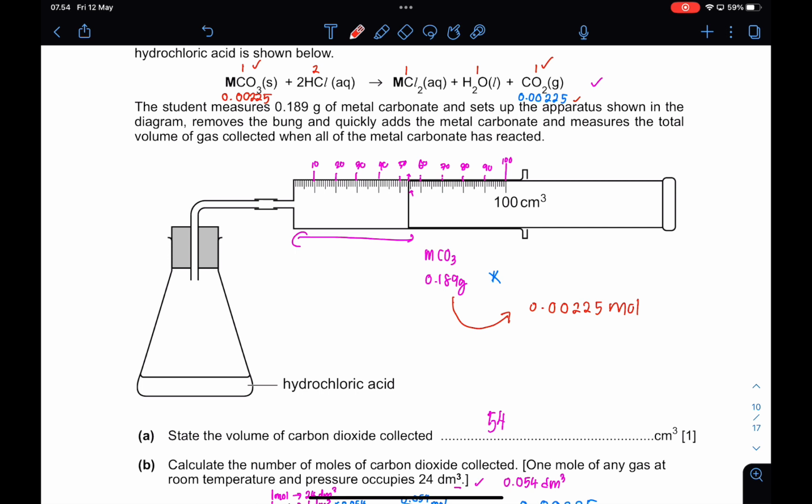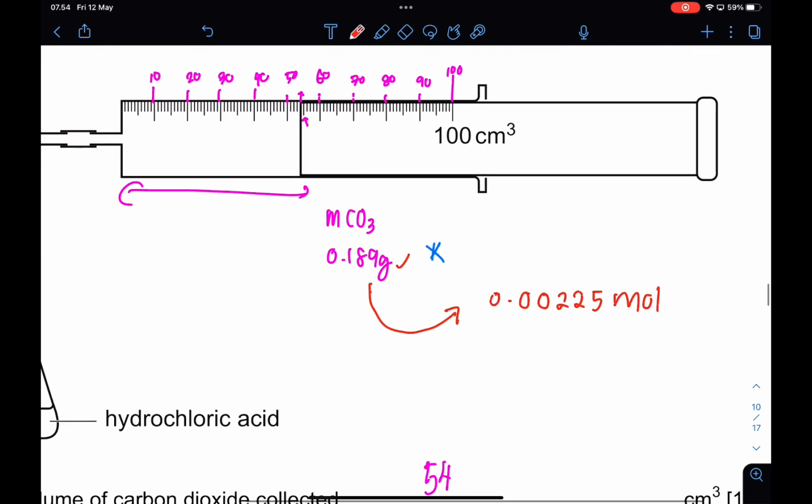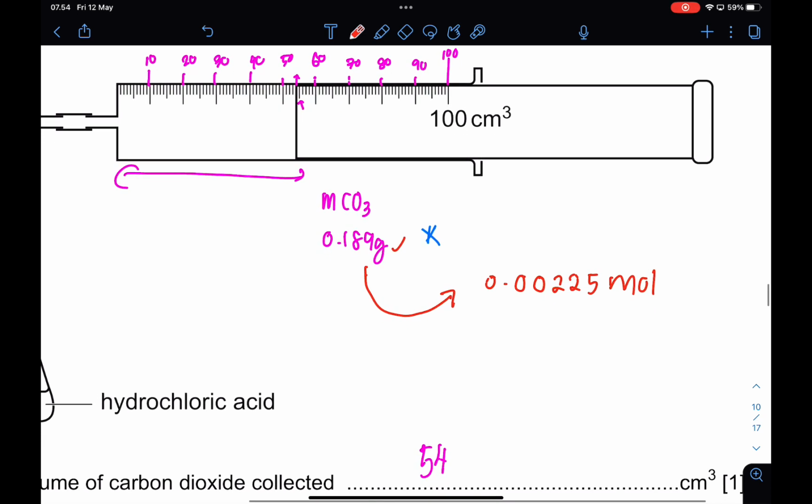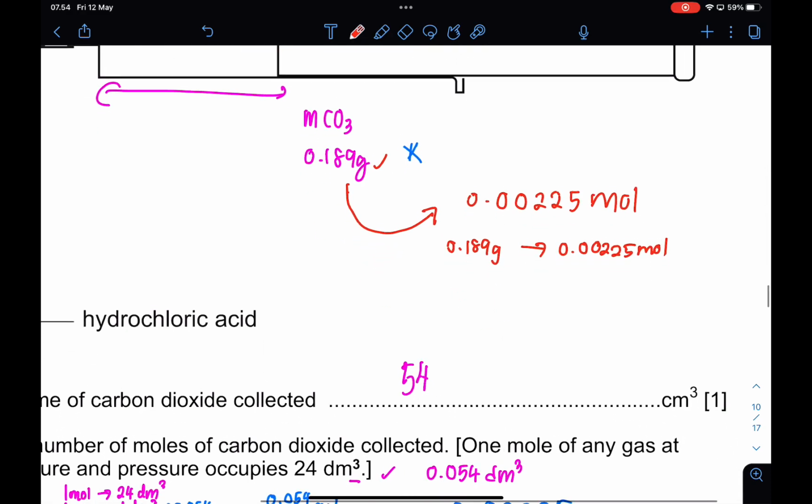It means that just now we know that the number of moles of metal carbonate that we use is 0.00225, and we know that we use this amount of mass. So this 0.189 gram is for 0.00225 mole. I'll just put it down over here.